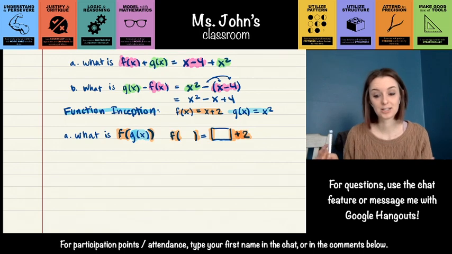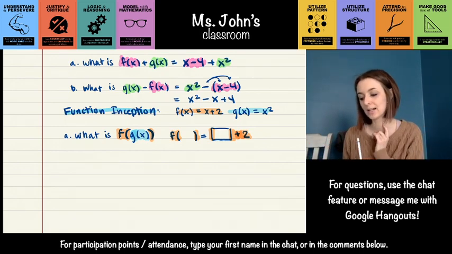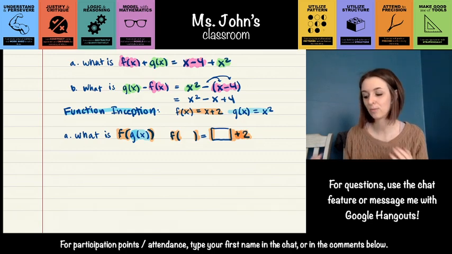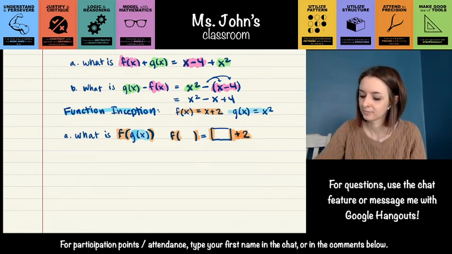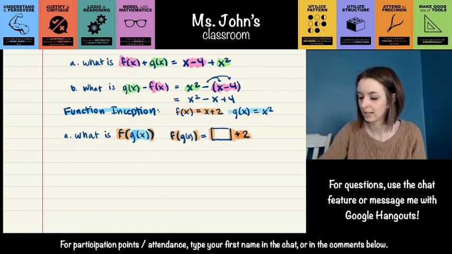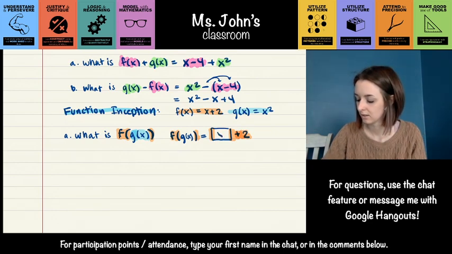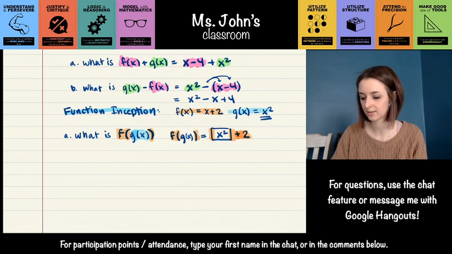So instead of a number, we're replacing it with a function. When it says f of g of x, we're plugging in the g of x function, which is x squared.